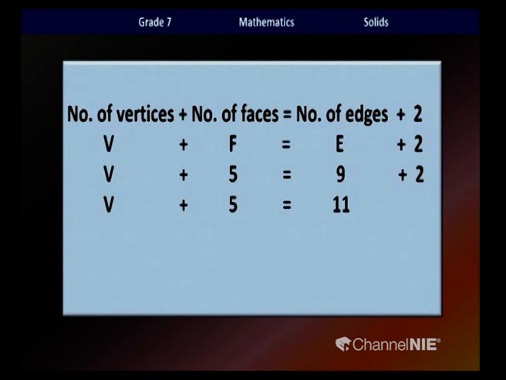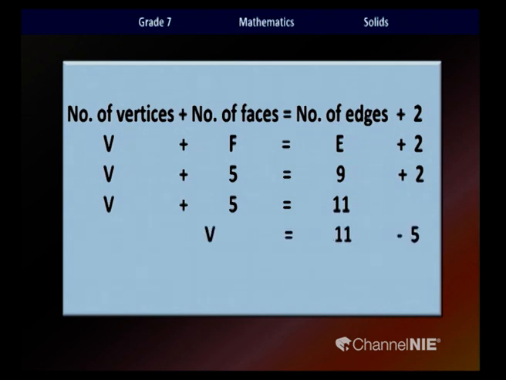Now, on my left hand side, I have v plus 5, but to make v, that means number of vertices, the subject, we have to cancel off this addition of 5 from my left hand side. Therefore, I have to subtract 5 from both sides, because if I want to cancel off a value from one side, you have to subtract that value, but as it is an equation, you have to subtract the same value from both sides.